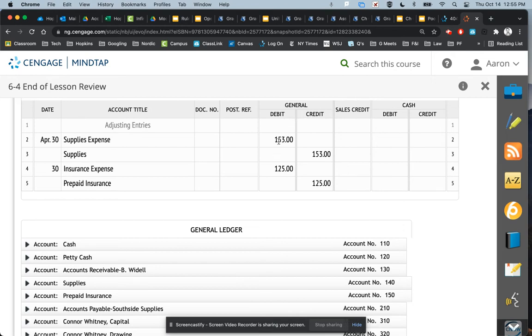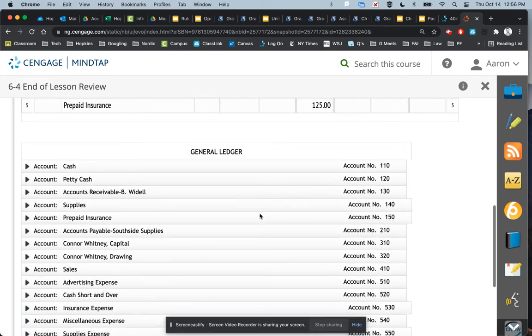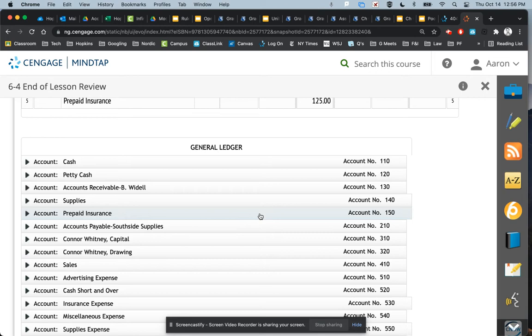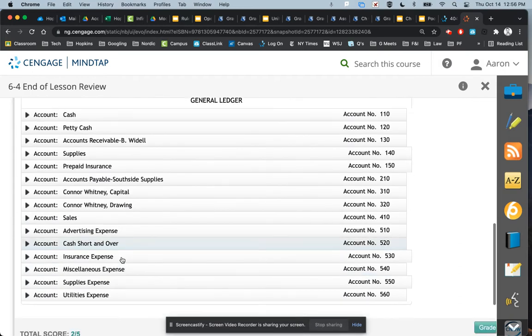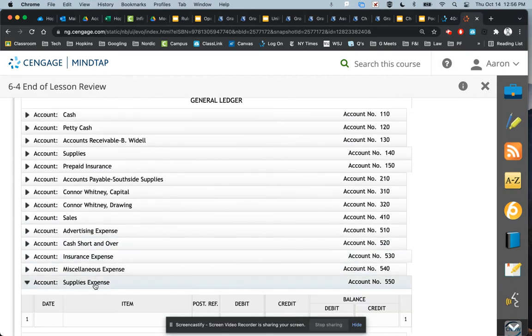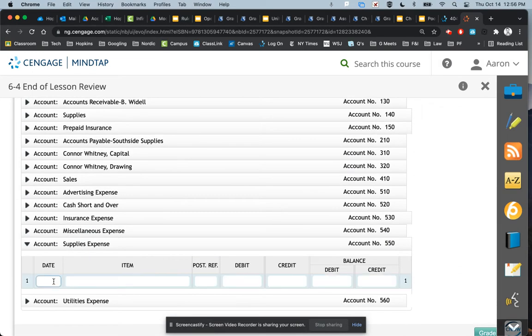So let's start off with our supplies expense debit. And we're going to go through and follow that process that we did in chapter 4. So we go down to supplies expense. It was 153. Date was April 30. The debit was 153.